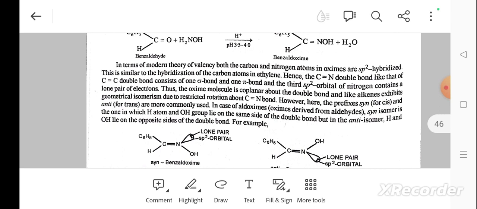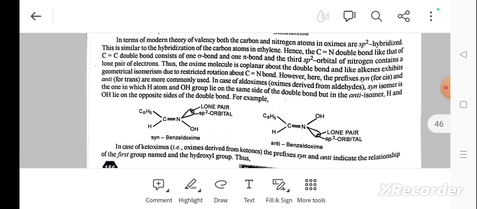Thus, similar to the hybridization of carbon atoms in ethylene, the C=N bond consists of one pi bond and one sigma bond, and the sp2 hybridized nitrogen contains a lone pair of electrons. Thus, the oxime molecule is coplanar about the double bond and exhibits geometrical isomerism due to restricted rotation about the C=N double bond.